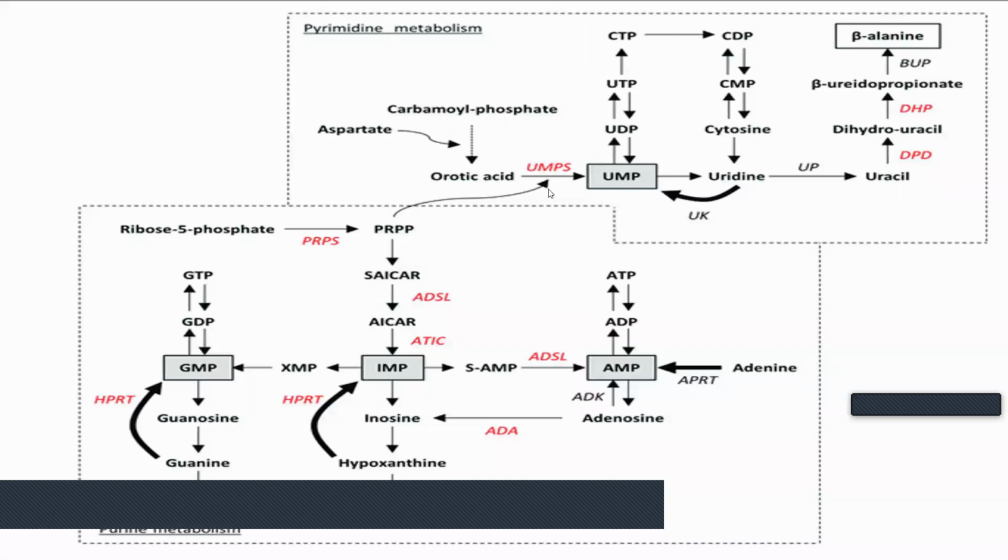Just like ribose 5 phosphate was the first substrate in purine metabolism, in pyrimidine metabolism the first substrate is carbamoyl phosphate. Carbamoyl phosphate converts to orotic acid, which converts to UMP.